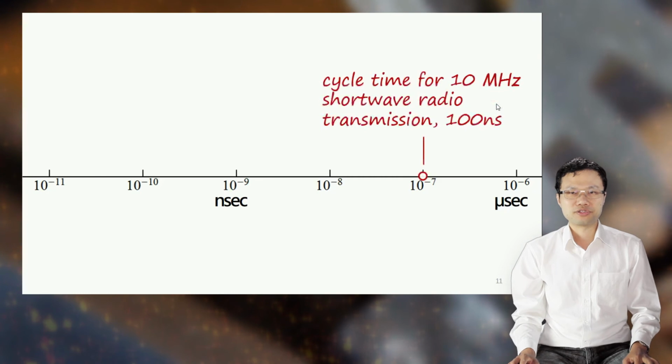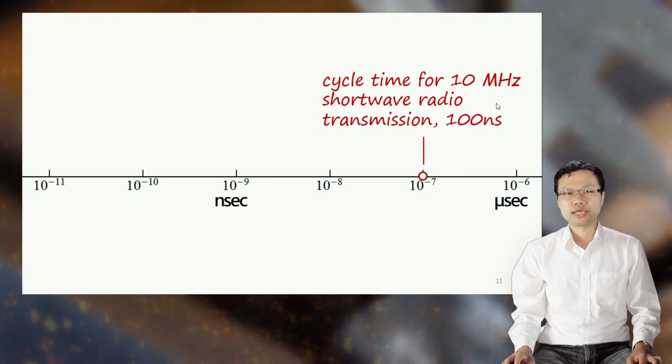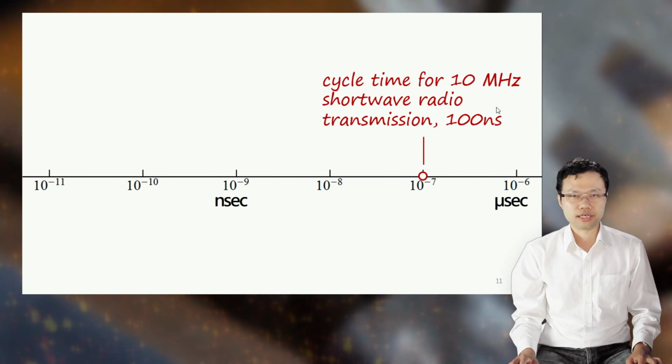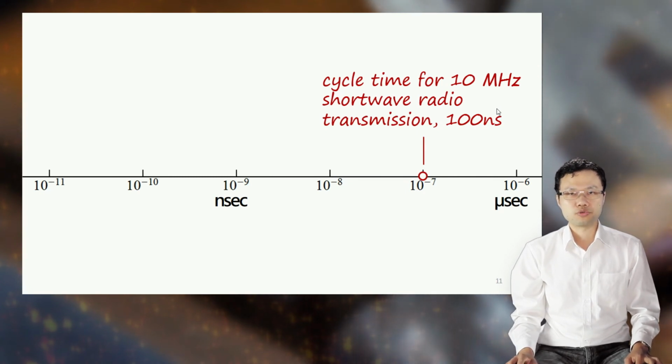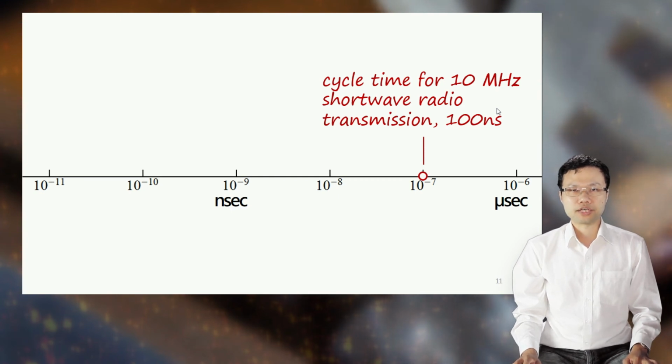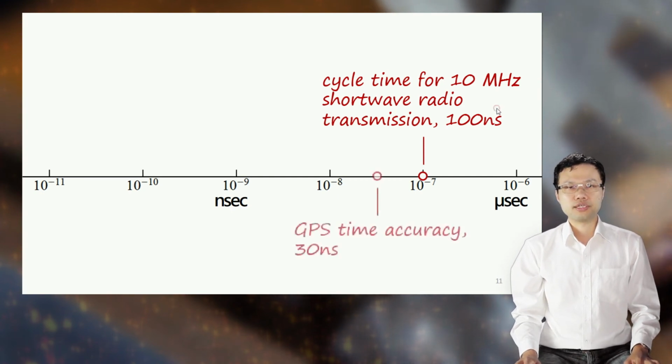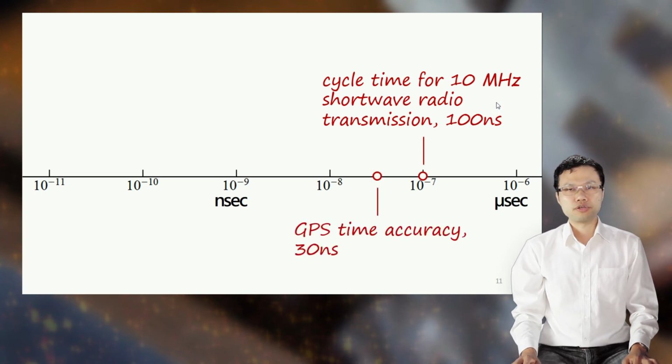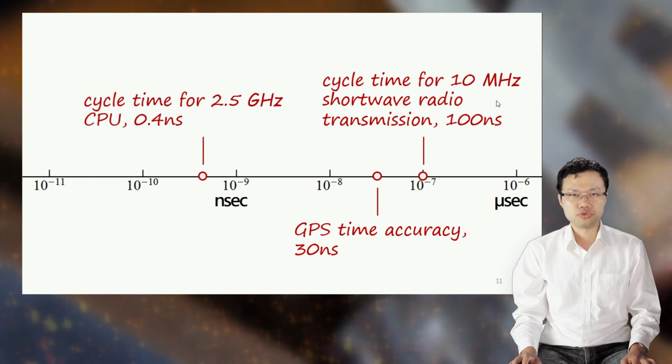The 10 MHz short radio waves complete one cycle within 10 to the power of minus 7 seconds, which is 100 nanoseconds. The GPS time accuracy is around 30 nanoseconds, and the cycle time for a 2.5 GHz CPU is 0.4 nanoseconds.